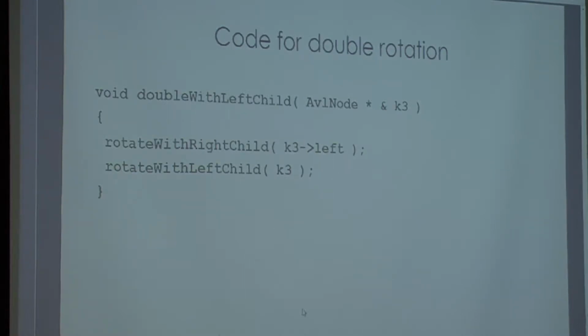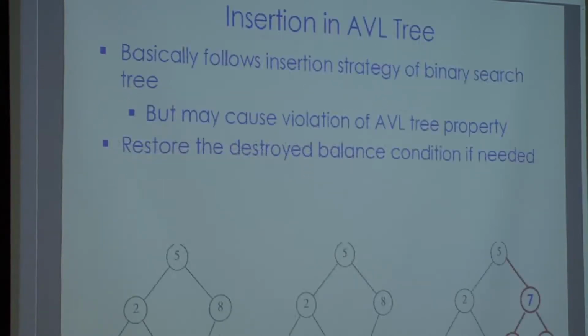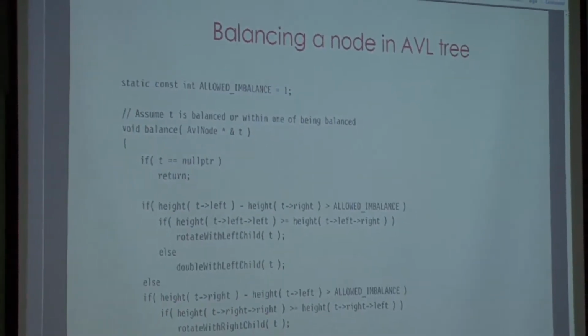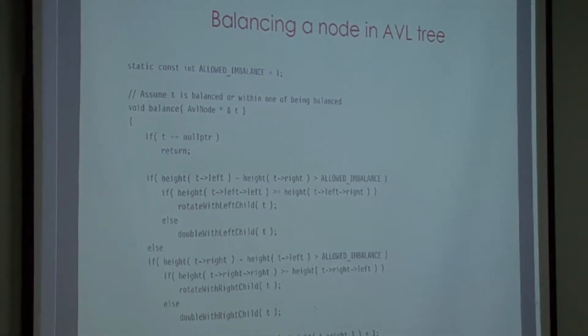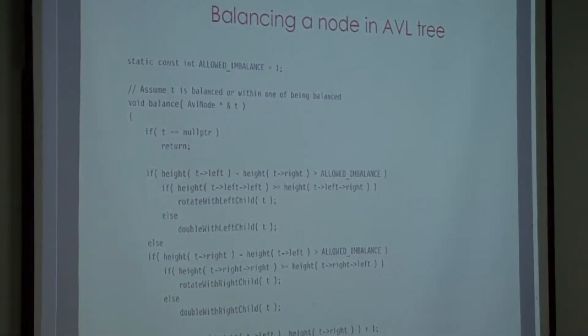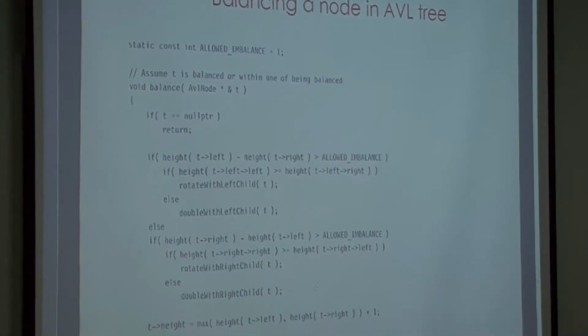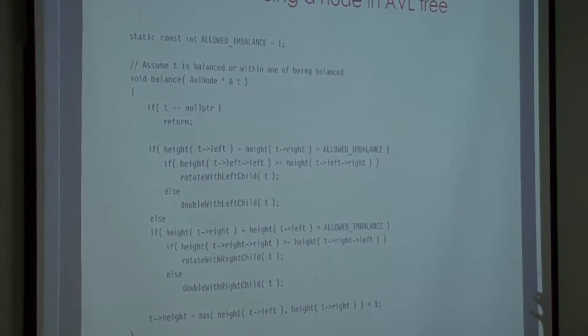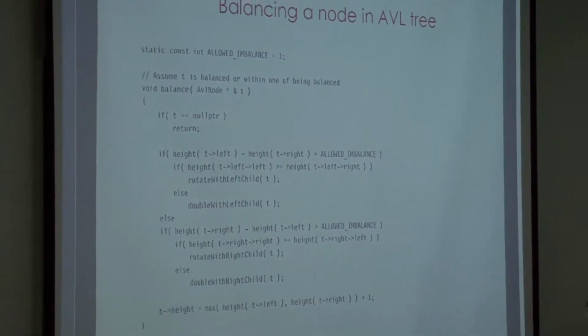So the whole idea, therefore, is that the total complexity of executing the balance itself is a constant. It's not even O of H, it's a constant, right? Because every one of these instructions can be executed in a constant number of instructions independent of the height of the tree.